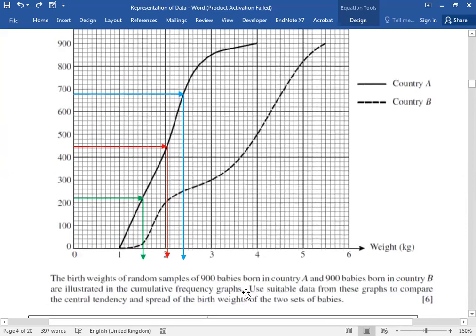Okay, class. Now the question has been given the birth weights of random samples of 900 babies born in country A and 900 babies born in country B are illustrated in the cumulative frequency graphs.